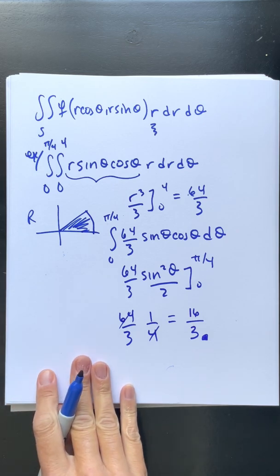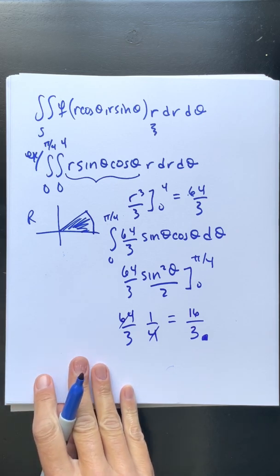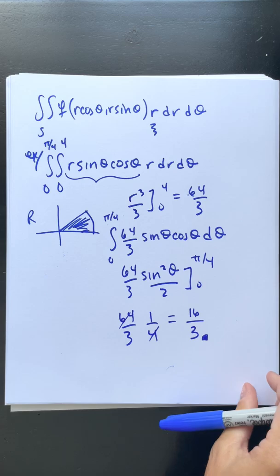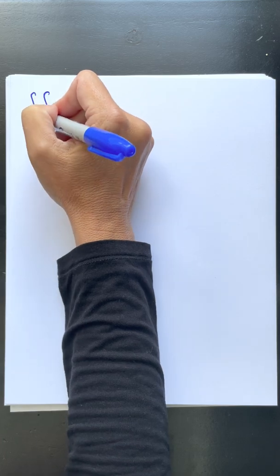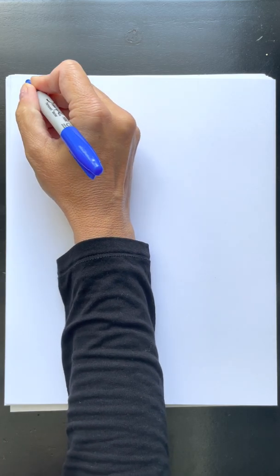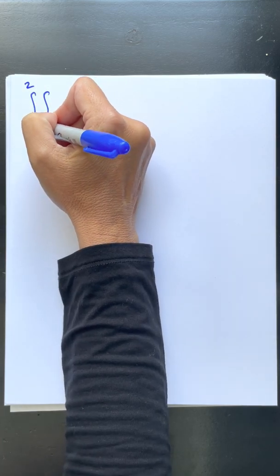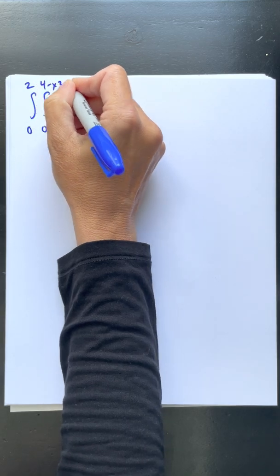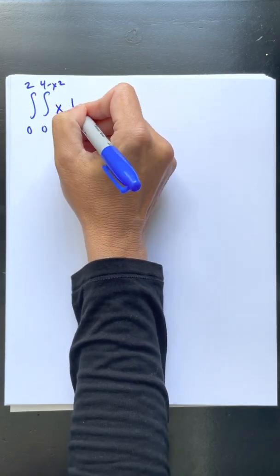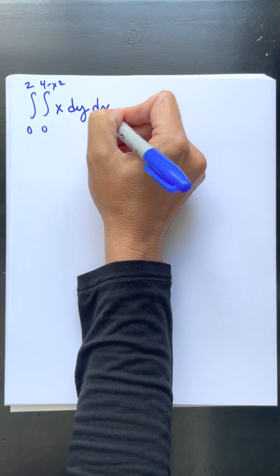So let's try one where we get to convert it from rectangular to polar. So let's say I have the double integral from 0 to 2 and 0 to root of 4 minus x squared, x dy dx.